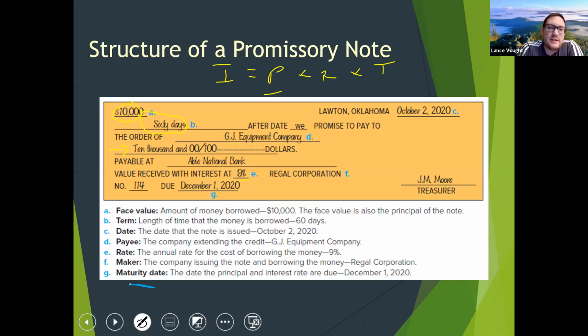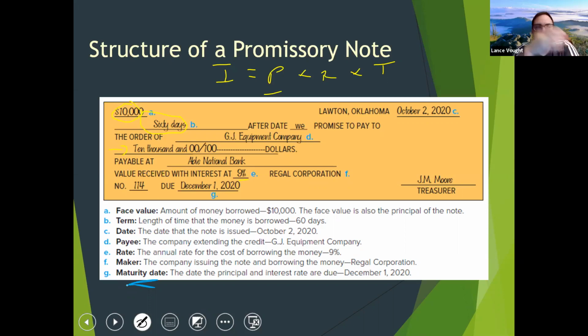And then the maturity date. We've already kind of addressed all these terms, but the maturity date is the day that you pay it back. We're used to paying things back incrementally over time, like a car loan or a mortgage. But with promissory notes or bonds or treasury bills, there's one day on which everything is paid back all at once, interest included.